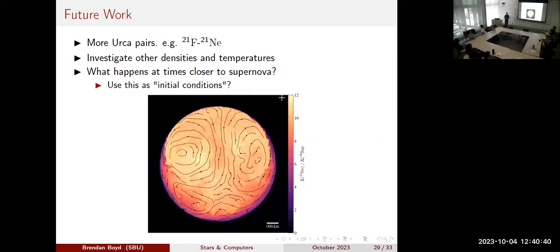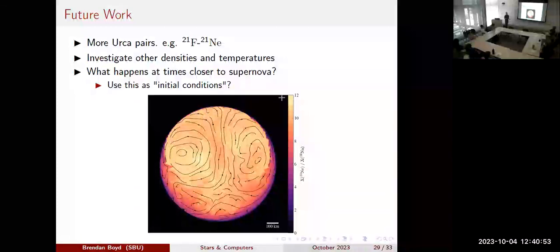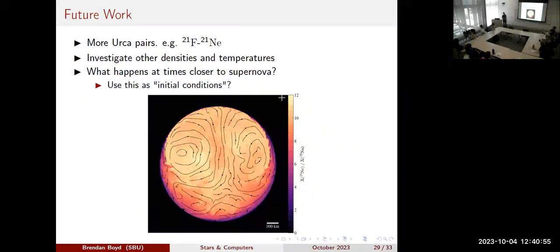So we can look at different snapshots, in particular closer to the supernova itself. What if we were days away from the supernova instead of years away? And maybe we can use these models as an initial condition for one of those explosion simulations that I showed before.